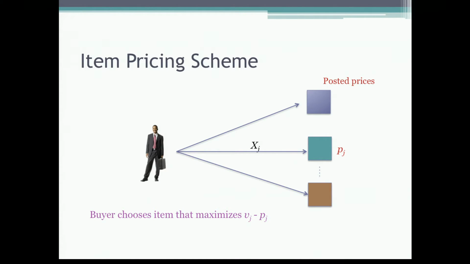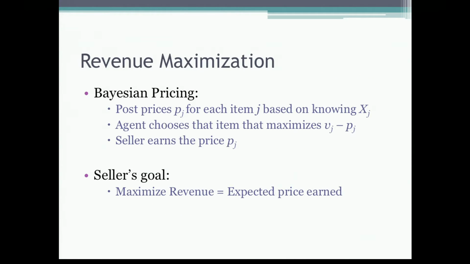Now what the buyer does is he looks at these prices and chooses the item that maximizes his value minus price. That is the utility that he gets. So the goal is to compute these prices pj for each item j, just knowing Xj. The agent chooses the item that maximizes this quantity.